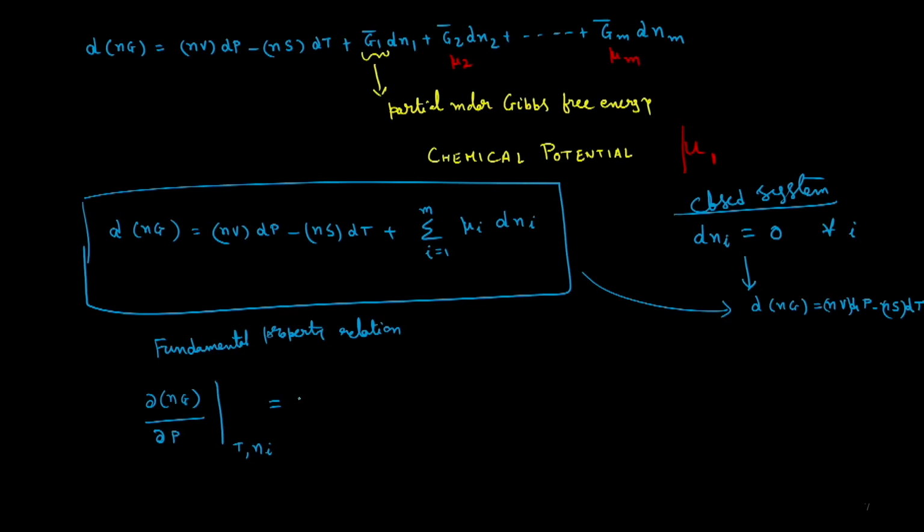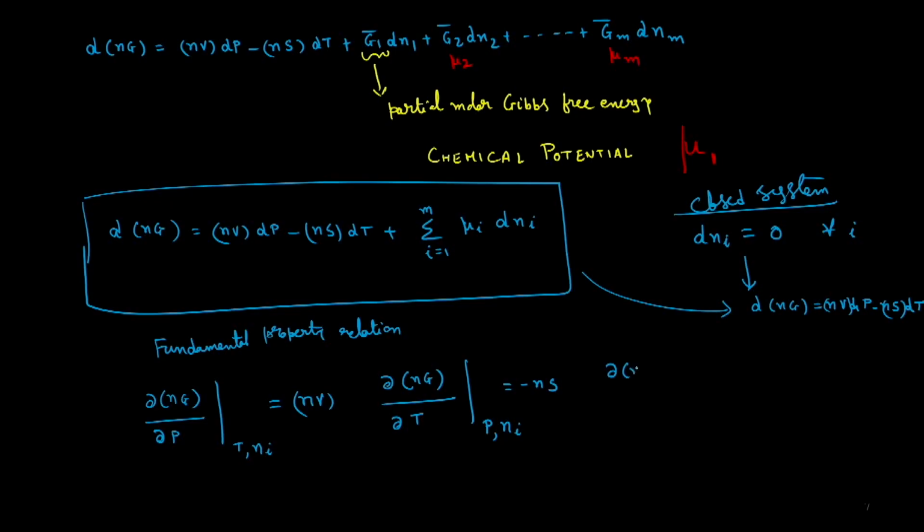All I have left is the first term, so this will be nV. Similarly, I can look at this equation and easily write that the derivative of nG with respect to temperature, holding pressure constant, will cancel out the first term, and holding n i constant will cancel out everything in the third term, so this will be equal to negative nS.